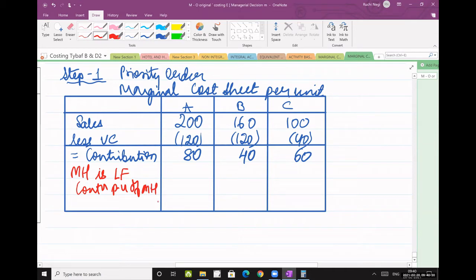But the problem in the question is machine hours is the limiting factor we all know, but this machine hours should be per unit. But that is not given in the question. वो तो क्वेश्चन में है ही नहीं.